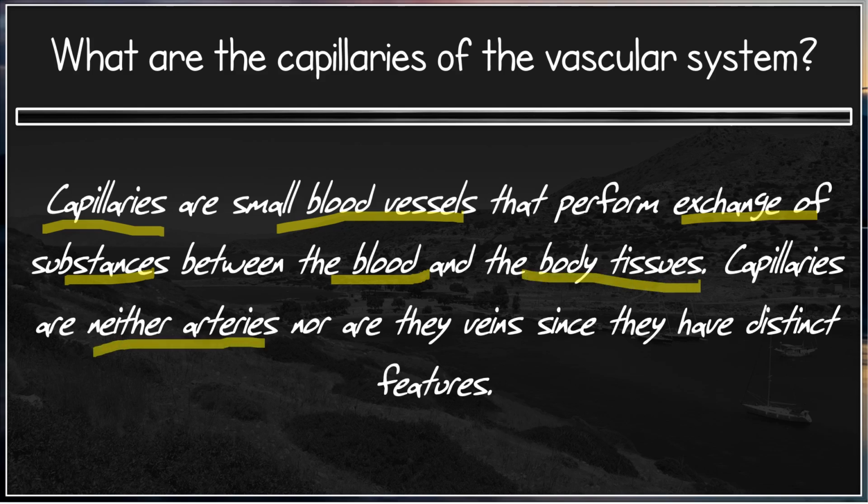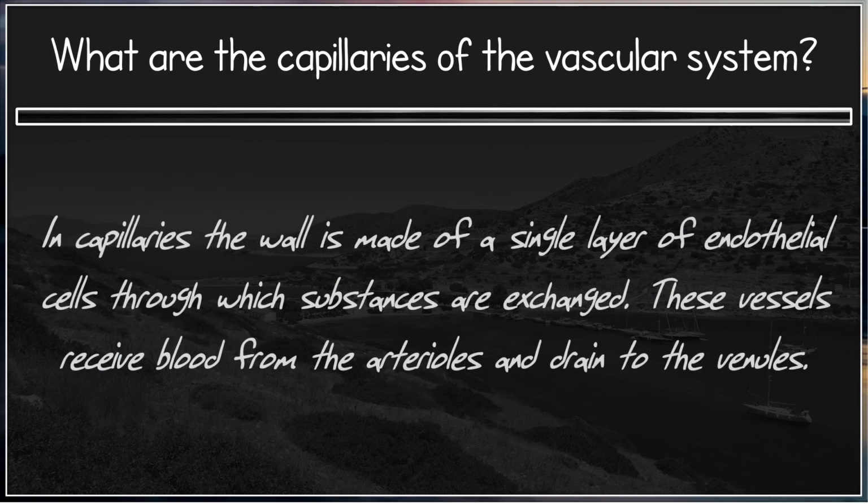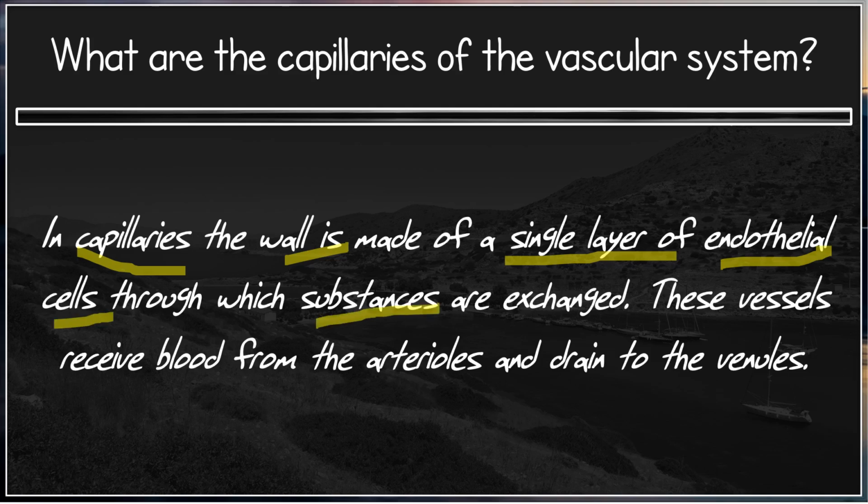Capillaries are neither arteries nor veins, since they have distinct features. In capillaries, walls are made of a single layer of endothelial cells, through which substances are exchanged. These vessels receive blood from the arterioles and drain it to the venules.